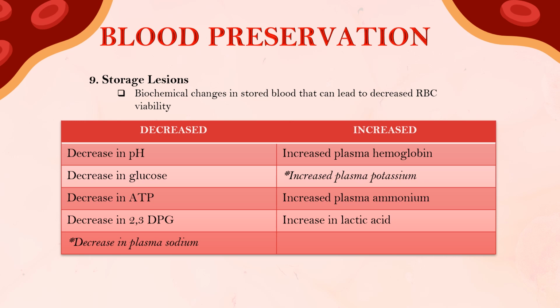Your cellular environment within the body is greatly different from the environment within the blood bags, and this results in biochemical changes to your blood products. And these biochemical changes that occur during storage are termed your storage lesions. So tabulated here are the biochemical changes that occur during storage lesions.